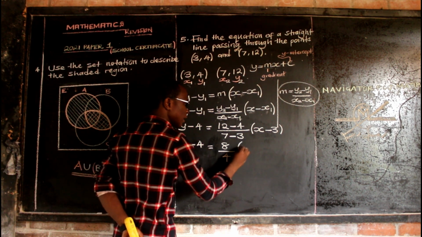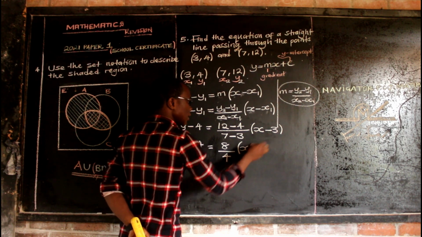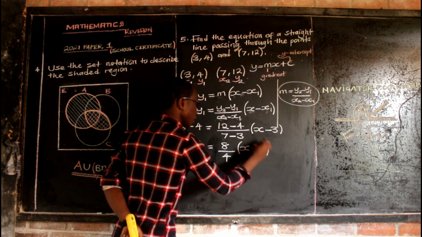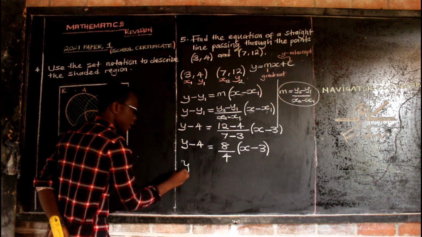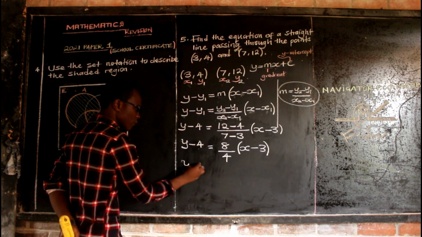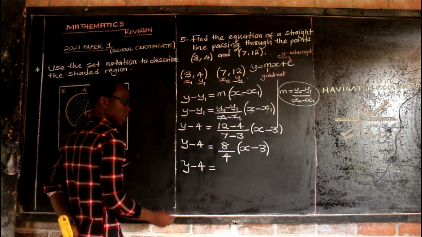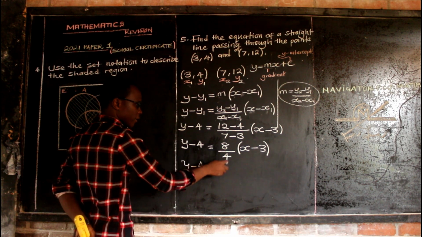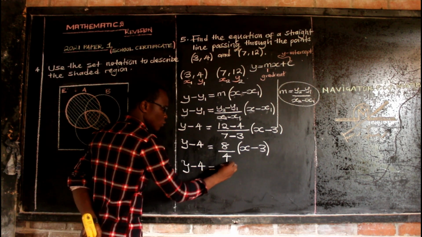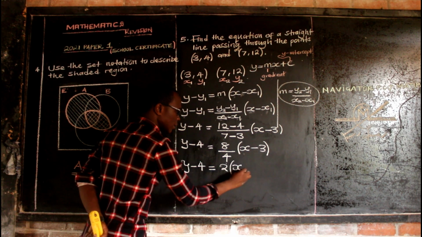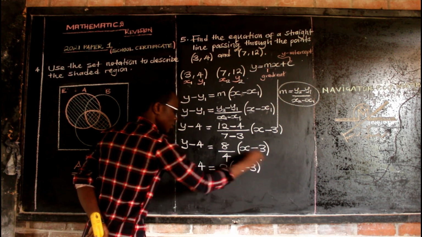Open up the brackets, you maintain x minus 3. Then you maintain y minus 4 for now. Then 8 divided by 4 is what? 2. 2, open brackets, x minus 3.